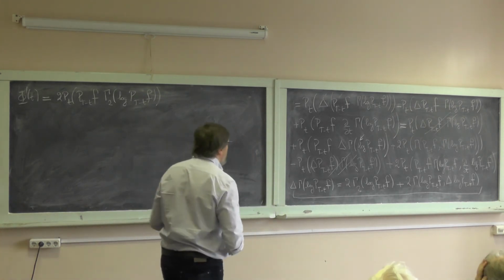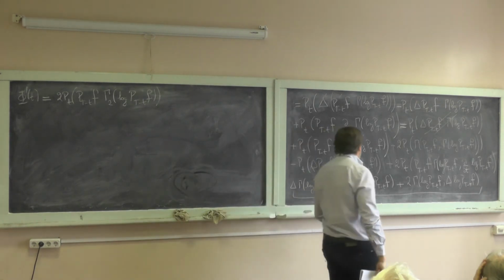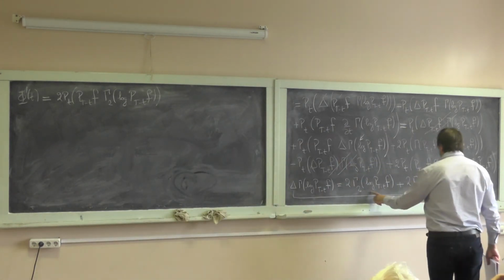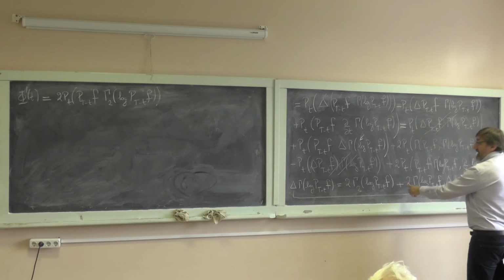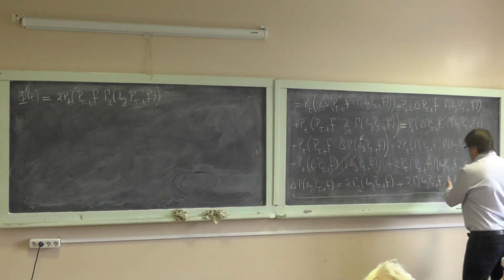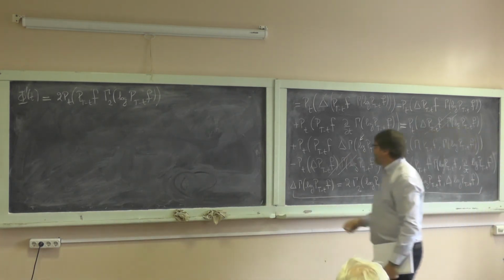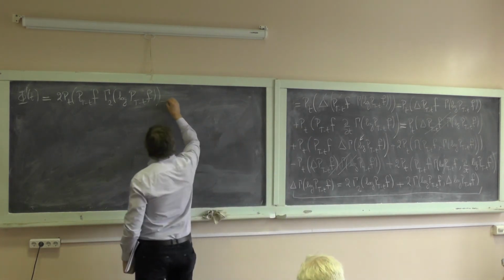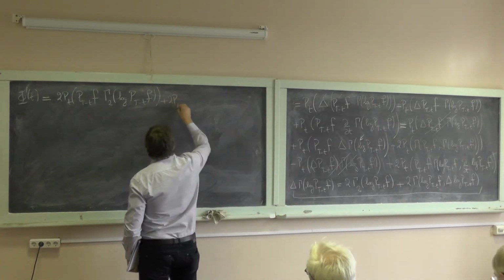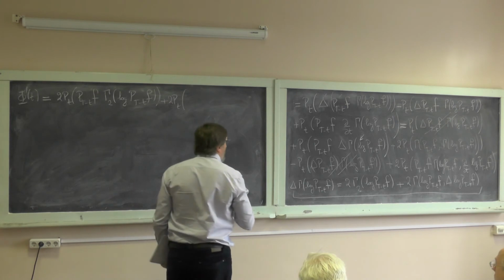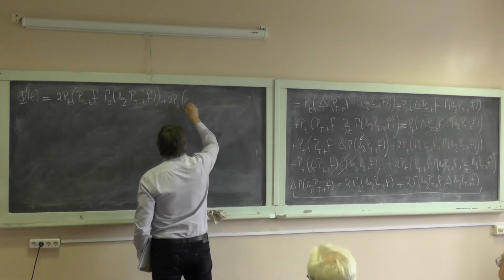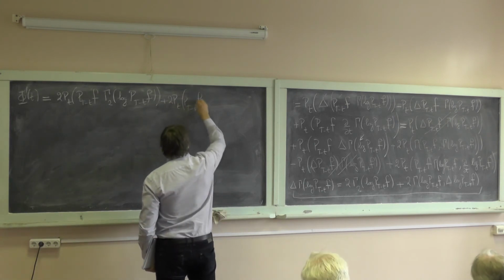Okay, so we get this term from here. Then we have 2 times pt of this mass here, so plus 2 times pt of p minus little p f.